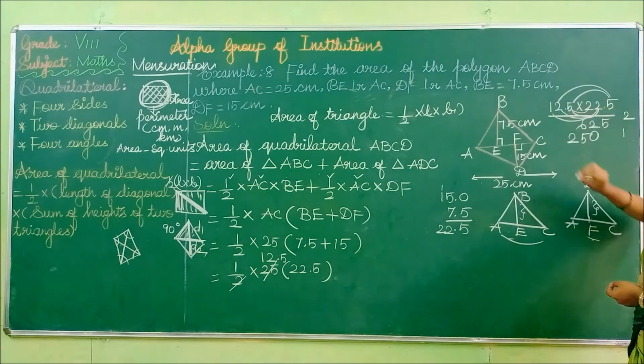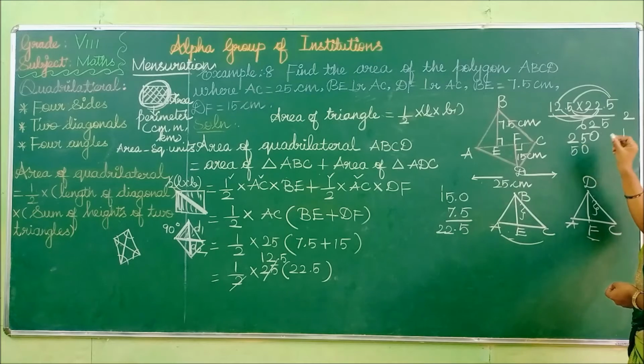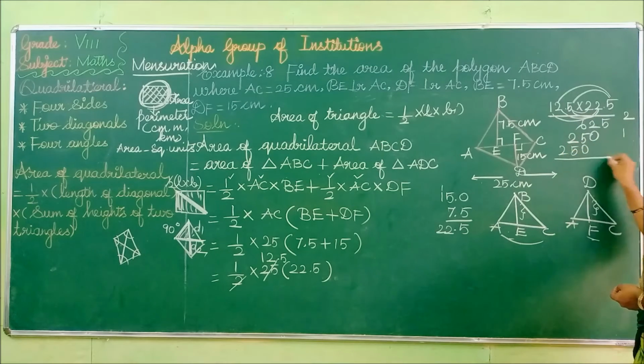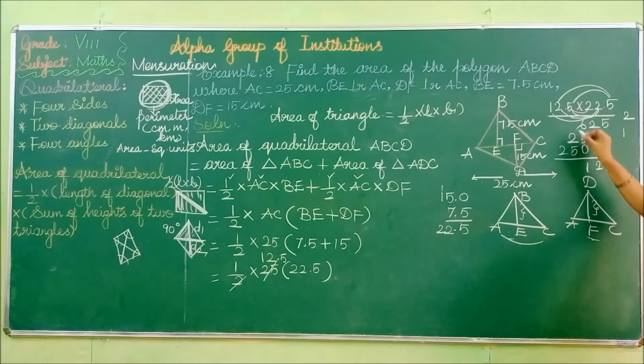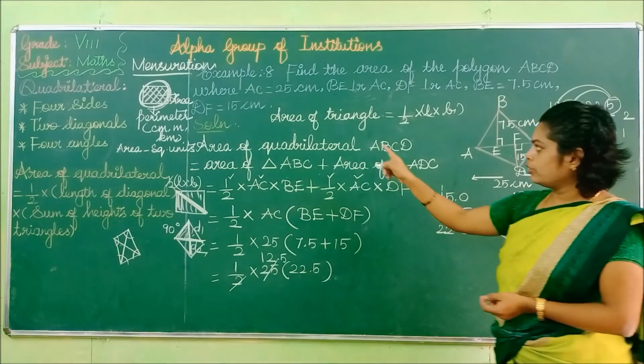And then now multiply the same value. 2 fives are 10, balance 1, 2 twos are 4, 5, 1 two is 2. Now add the values. Balance 1, 8, 2. So how many decimal points? 1 and 2 decimal points. From right to left you have to place the decimal point. So the value is 281.25.